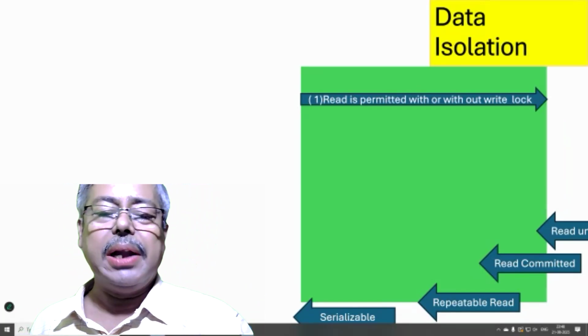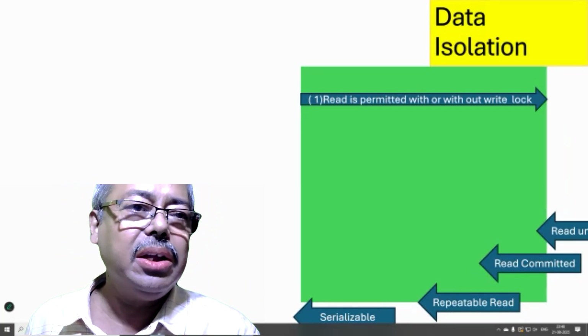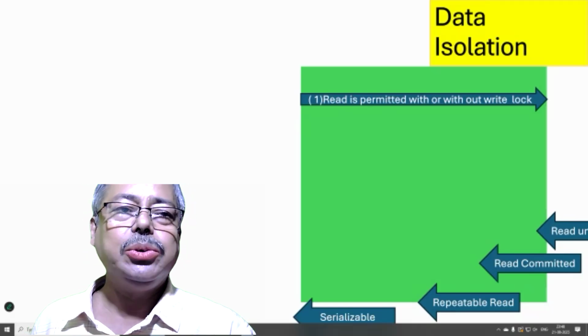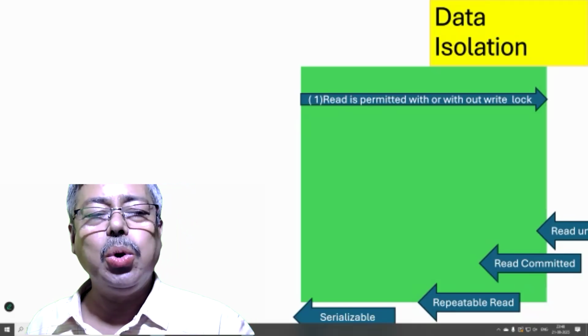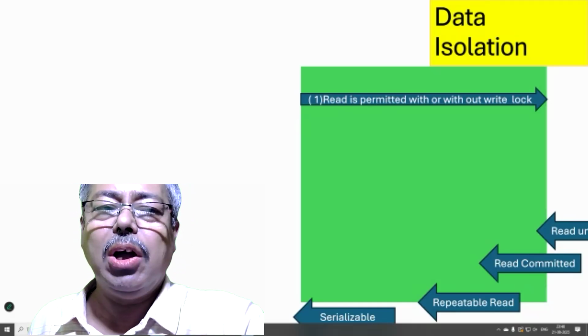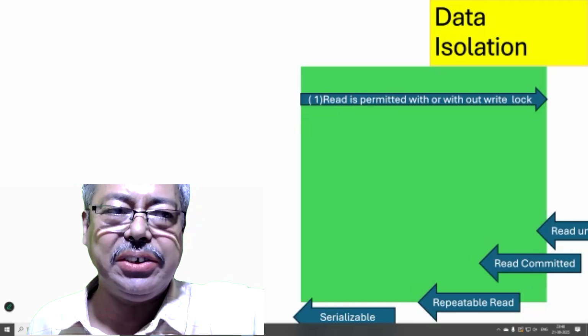So an arbitrary read result will be created. Arbitrary read result means when I want to know the specific vacancy of a train or flight.